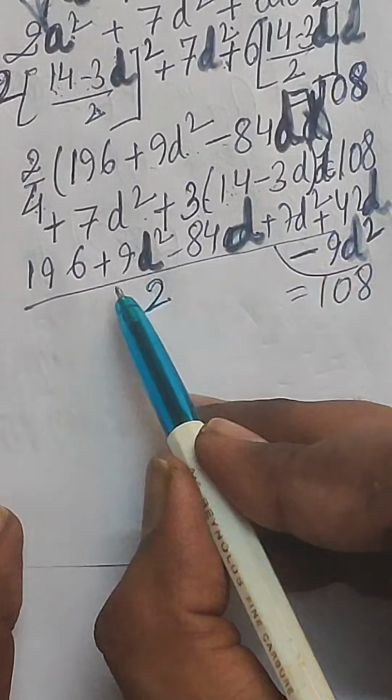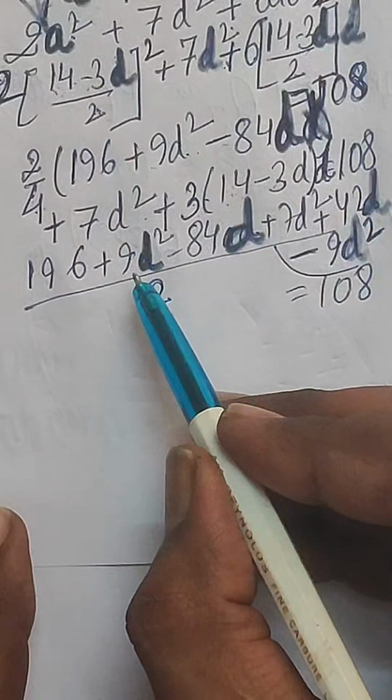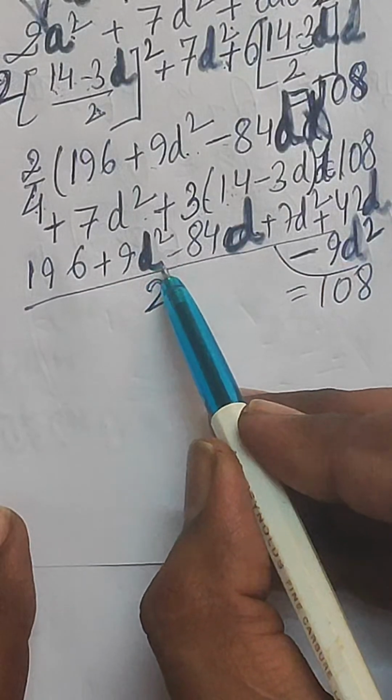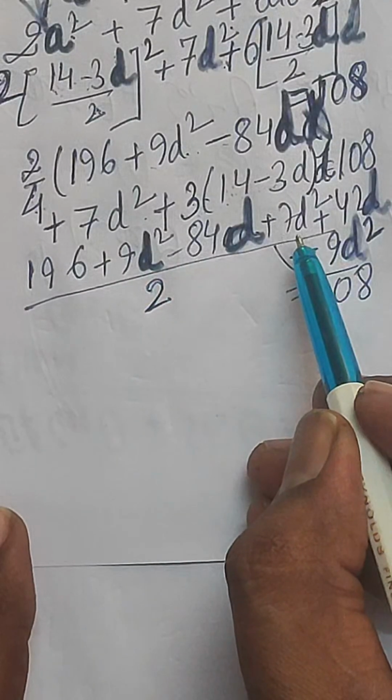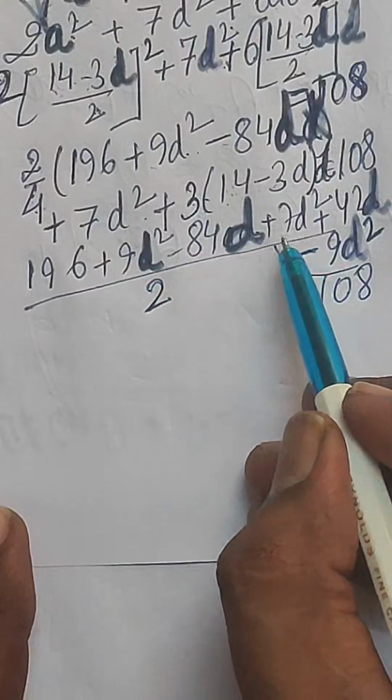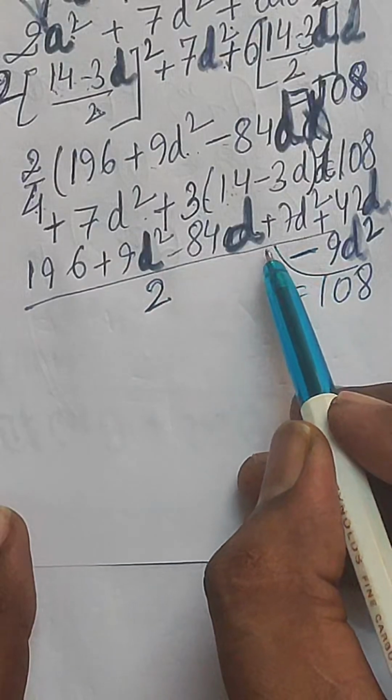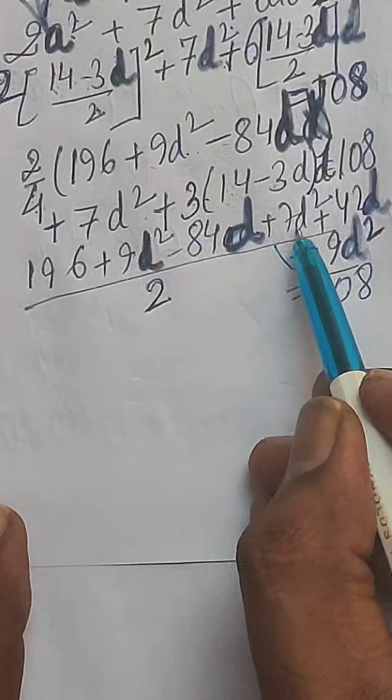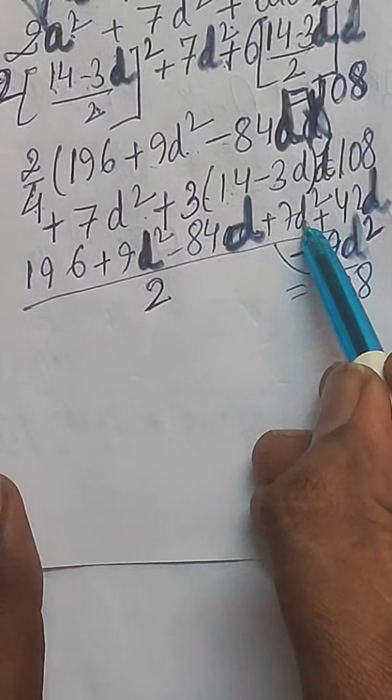here you can see 196 plus 9d square minus 84d plus this 7d.